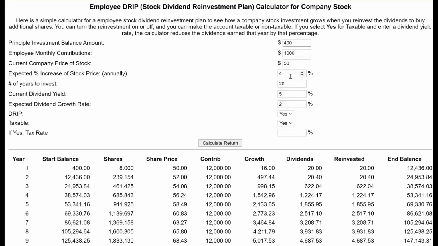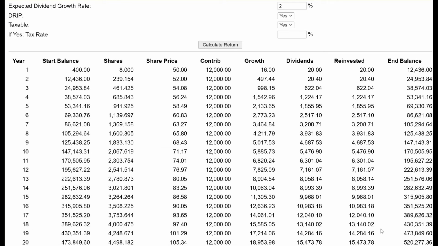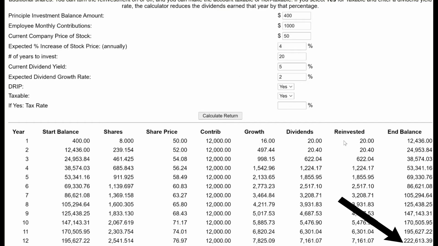You expect 4% growth in your stock, you expect a 5% dividend yield, and you expect a 2% growth for the dividends. And when you calculate it, you get $520,000, $500,000. So just think about it.